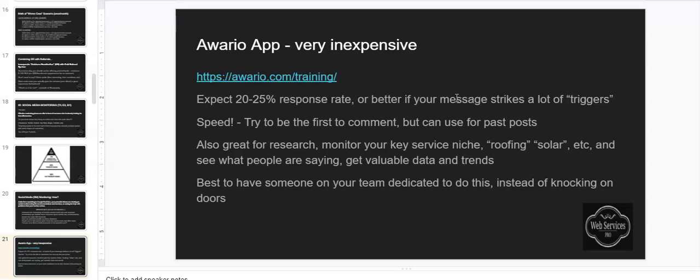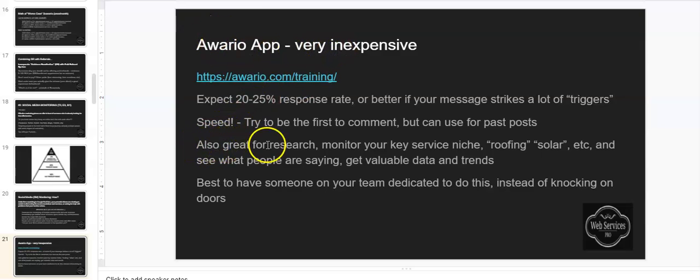So that's where it comes from, and it was adjusted into also using this technique. It's a very good technique for inbound lead generation.